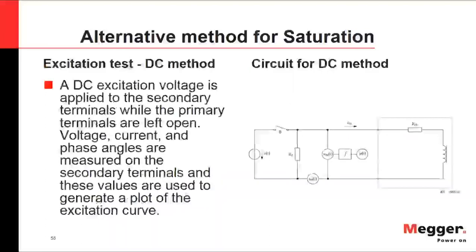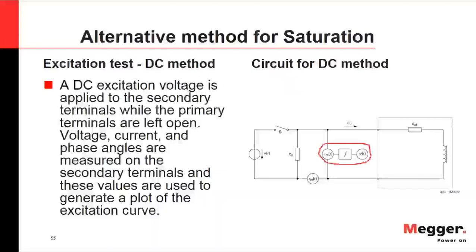If we look into this alternative method for saturation, basically you can clearly see on this diagram that by applying a DC signal, we are looking into the integration of the voltage as a function of time, and that will be reflected as a flux as a function of time.